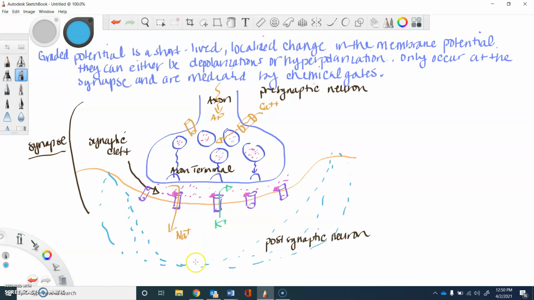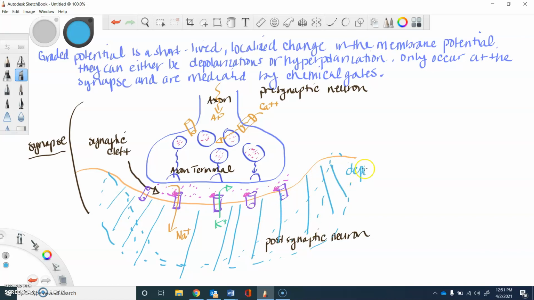Okay, so this area here, due to the sodium coming in, is going to be depolarized, meaning it's just going to get more positive. We don't know how much.